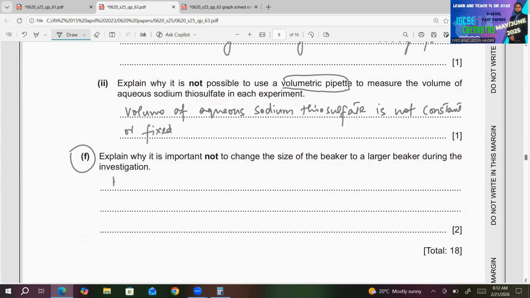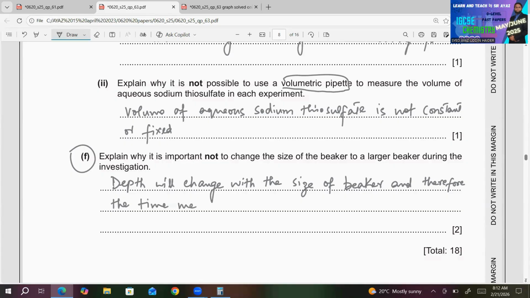So you write: depth will change with the size of beaker, and therefore the time measured also changes.